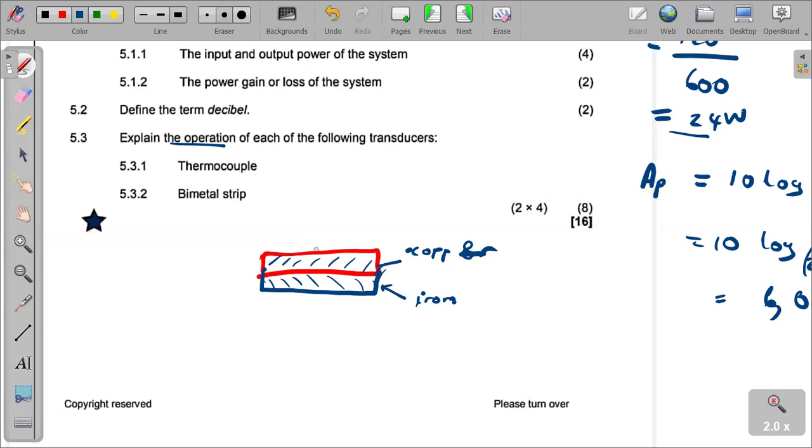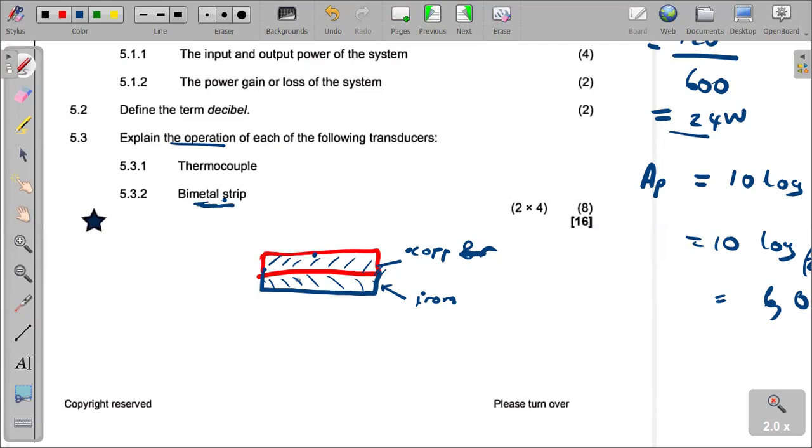So we are saying when the bimetal strip is heated, each metal begins to expand at its own rate of expansion. So e.g. copper and iron that we're having there. Copper has a larger coefficient of expansion, so the copper layer expands faster than the iron strip and also shrinks faster than the iron. So that's the explanation of the operation of the bimetal strip.